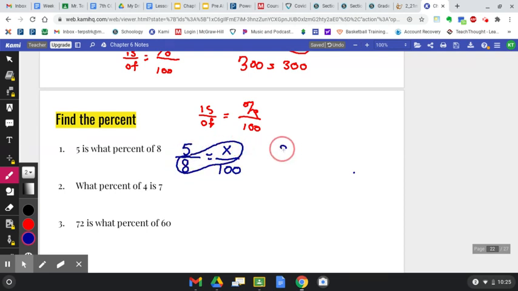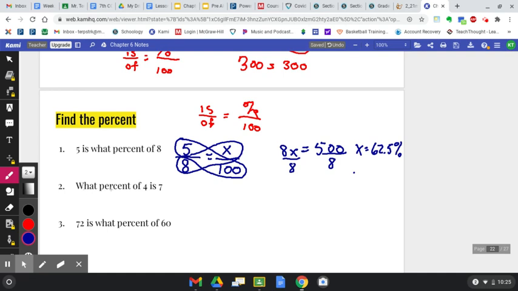That will give me 8x equals my other product here, 5 times 100, which is 500. Divide both sides by 8, and we get x equals 62.5%. So that's another way to do that.